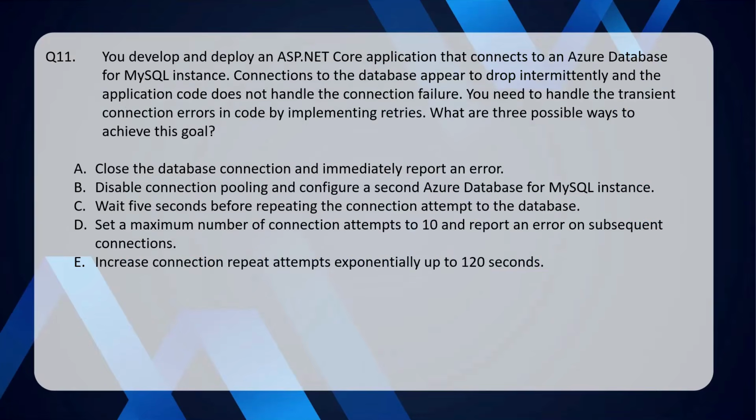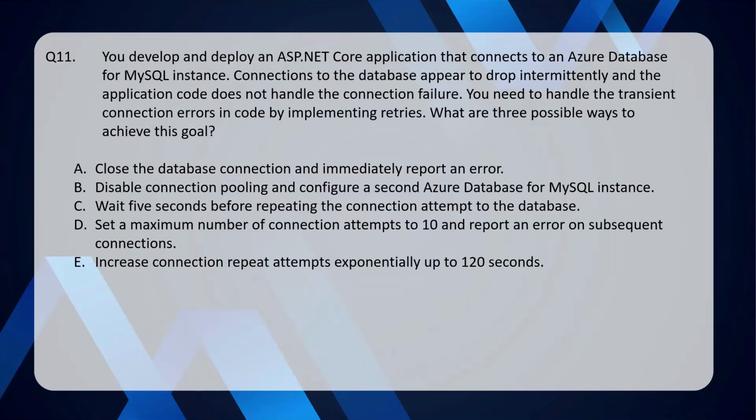You develop and deploy an ASP.NET Core application that connects to an Azure database for MySQL instance. Connections to the database appear to drop intermittently and the application code does not handle the connection failure. You need to handle the transient connection errors in code by implementing retries. What are three possible ways to achieve this goal?